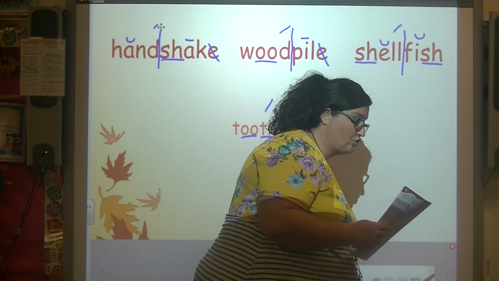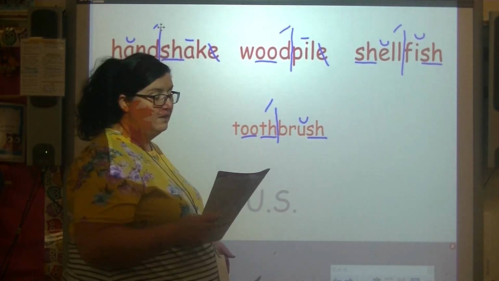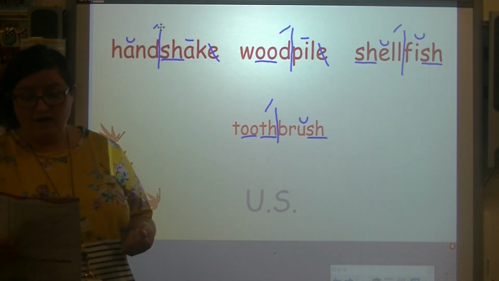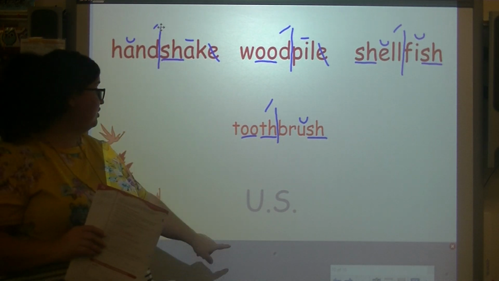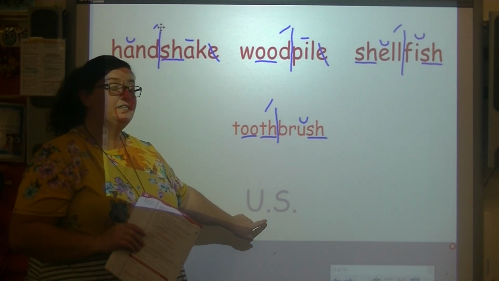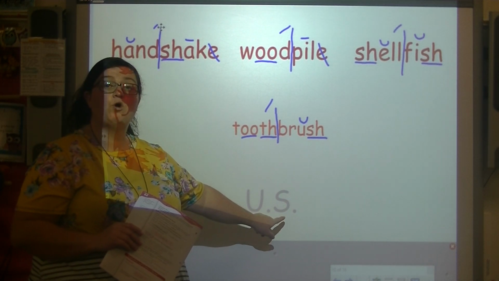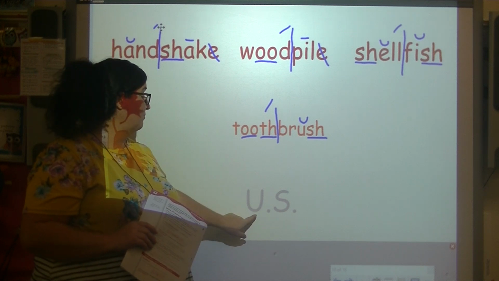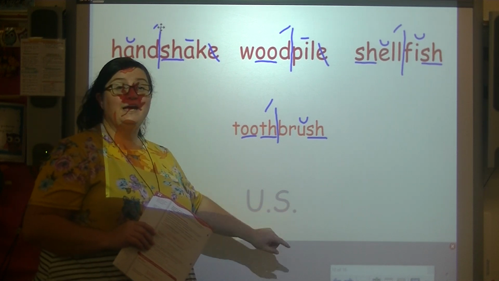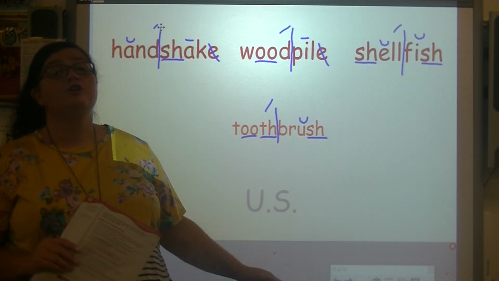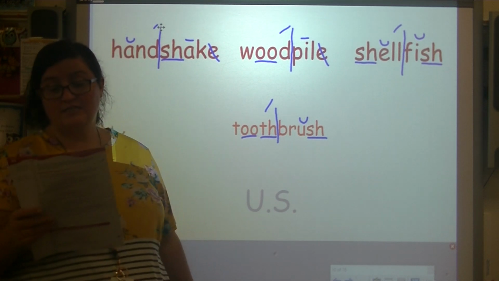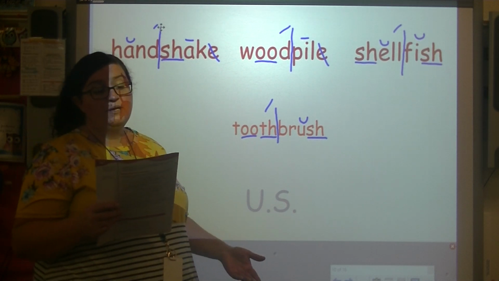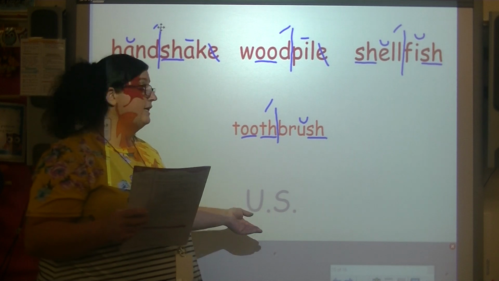That means it's a shortened version of a word or a phrase. All right, the U stands for United. The S stands for States. So when you see U.S., it stands for United States.